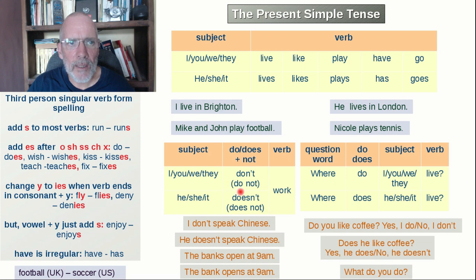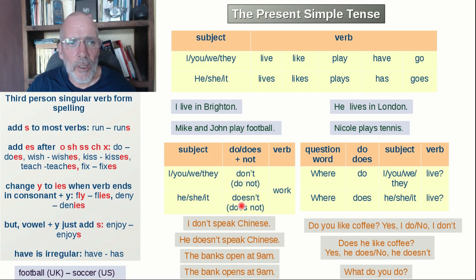We contract the do and the not. If you've been studying English for some time, you'll know that there are many contractions in English, and these are nearly always used in informal speech. This applies to all the contractions. If you're writing an email, if it's an informal email, you can use them too.